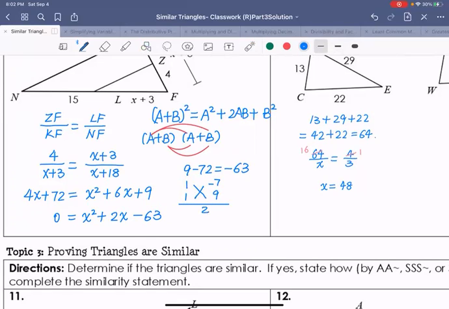That is 2. That is saying x minus 7 times x plus 9 equals 0. X equals 7 or negative 9. X couldn't be negative 9, so you will let this guy go. Okay? Does this make sense? Yeah.